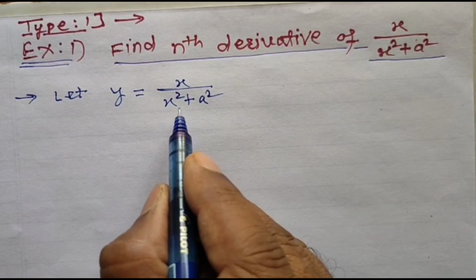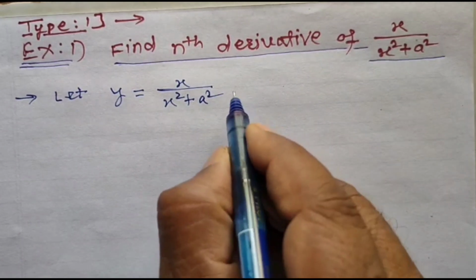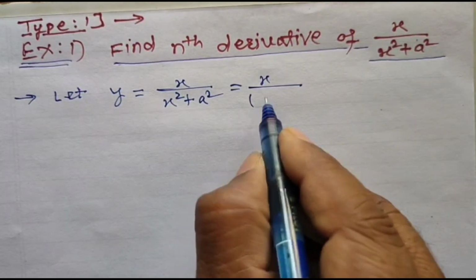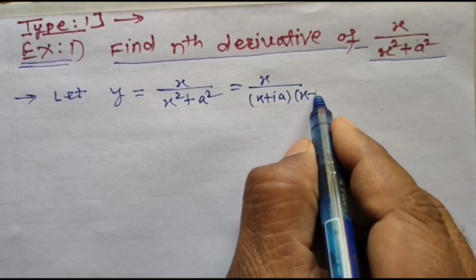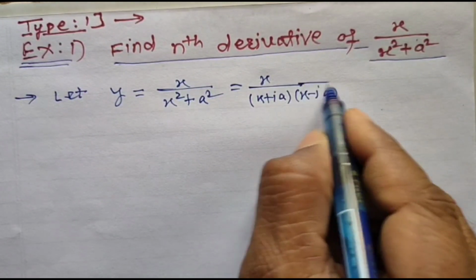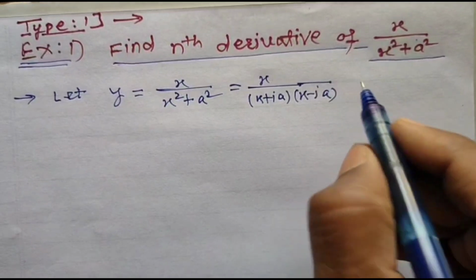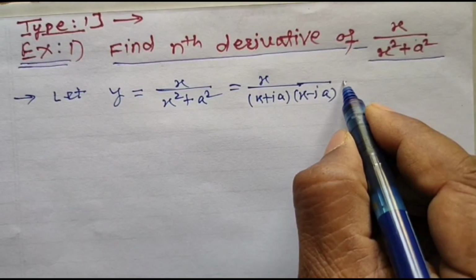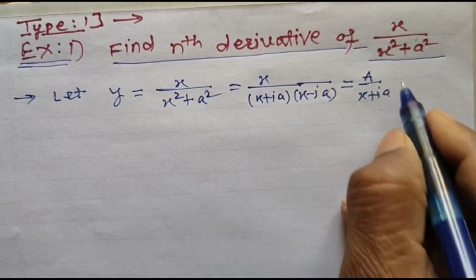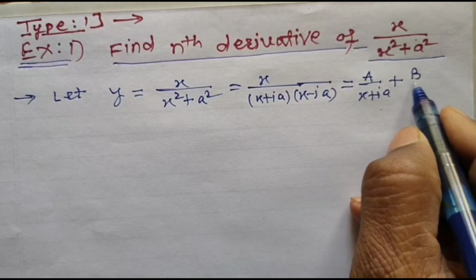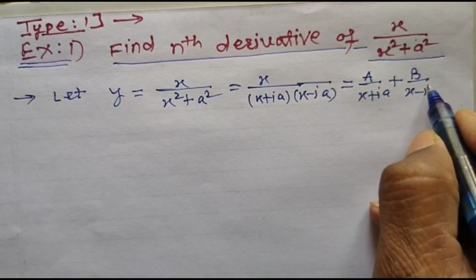Now the denominator x square plus a square can be written as the product of x plus ia into x minus ia. Now its partial fractions we can write like this: A upon x plus ia plus B upon x minus ia.